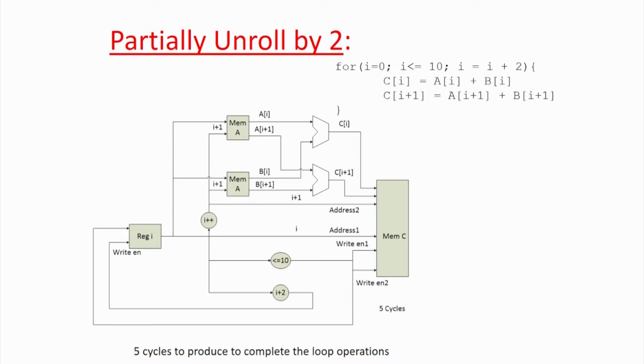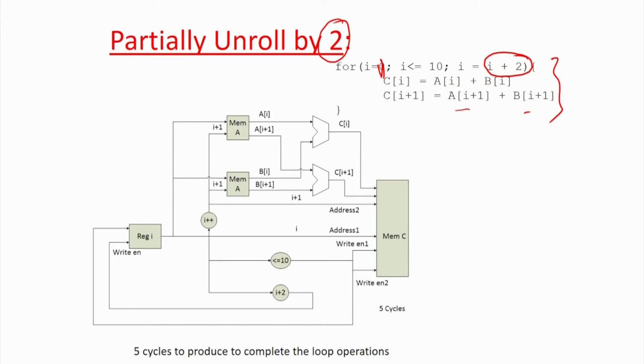And the trade-off between these two is the partial unroll. So, what does partially unroll mean? I am not going to unroll the loop all 10 times, instead I just partially unroll. For example, for the same example, I just unroll by 2. So, the effective code will become this: this is 1 to 10, C1 equal to A1 plus B1, and C I plus 1 equal to A I plus B I. So, I unroll 2 times and instead of I plus plus, my loop will be incremented by I plus 2, right.